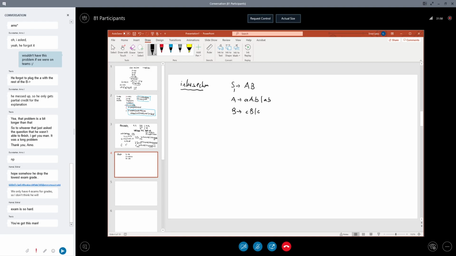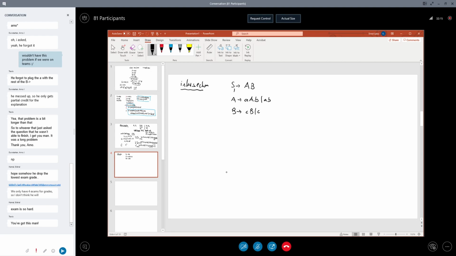So what does S1 generate? Well, it obviously generates the concatenation of what we get from A and what we get from B. A gives us a bunch of little a's, followed by the same number of b's.